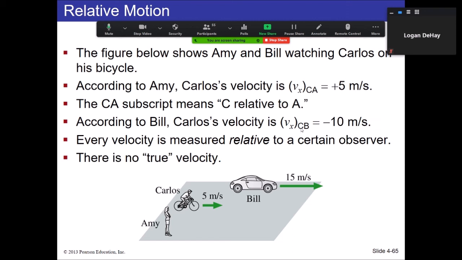Again, the subscripts mean Carlos relative to Bill. Okay, so you can see these numbers are different, right? Both these people are observing Carlos, but they report different speeds because they are themselves moving relative to each other.